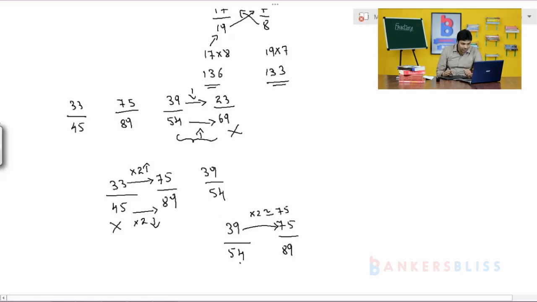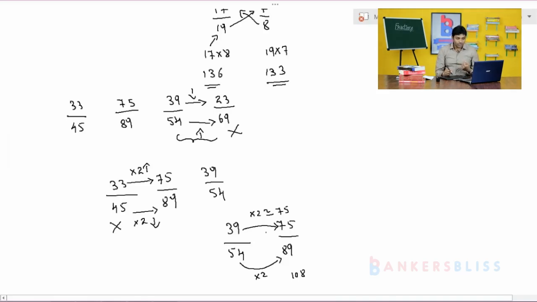But see here, 54 into 2 you should get 108, but how much are you getting? You are getting only 89. Here the numerator is almost doubled, so the numerator increasing rate is more than the denominator increasing rate.